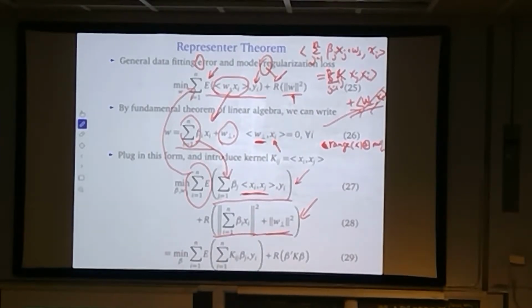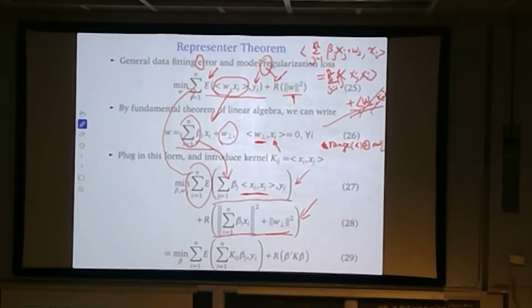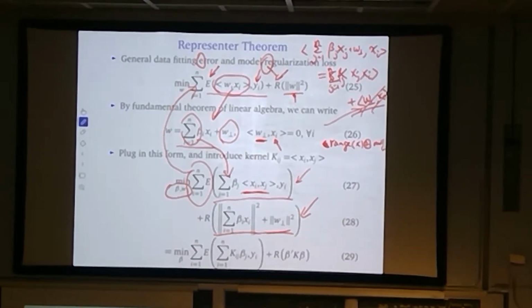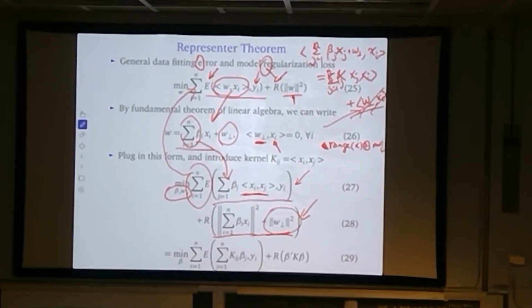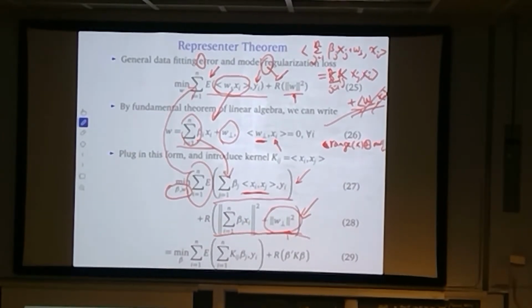That's how you get this equation, because the cross term is 0, as they are orthogonal to each other. Initially you're optimizing over both beta and the null space component of W. The only thing that involves the null space component is this term. Since you want to minimize this, you might as well set it to 0. So that's why this is gone, and this is what you end up with.